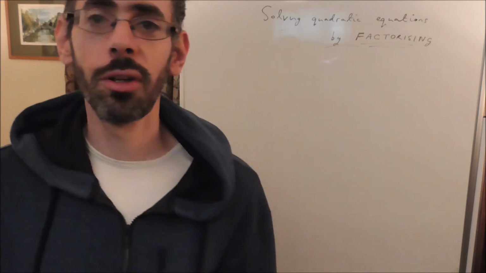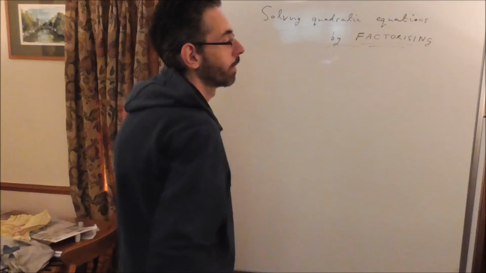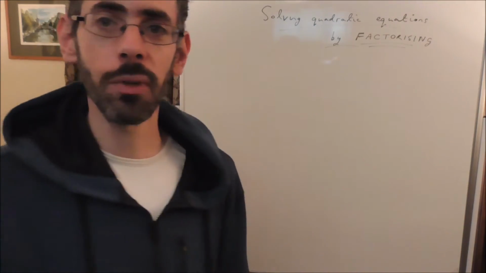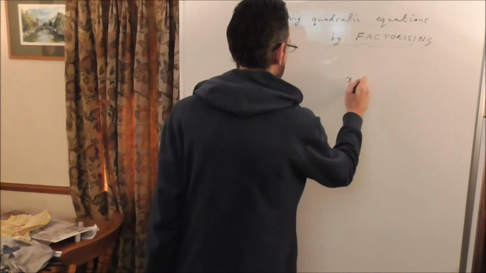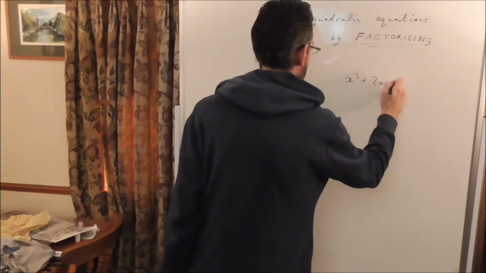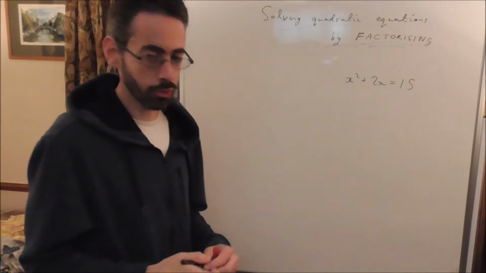Right, so today we're going to be doing solving quadratic equations by the method of factorising. Now, a quadratic equation is just an equation with an x squared term. So, for example, x squared plus 2x equals 15. I'm going to be using the letter x in all the examples I do.